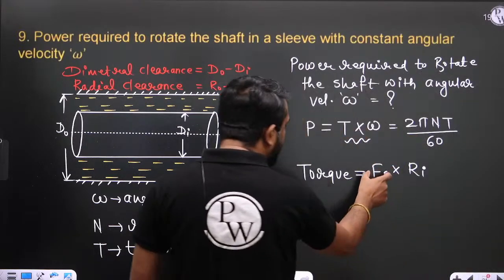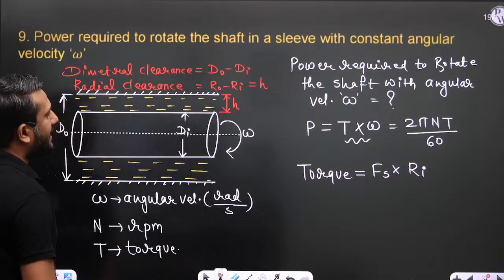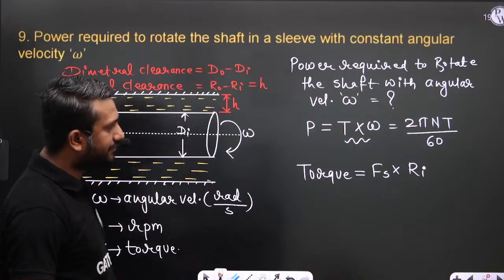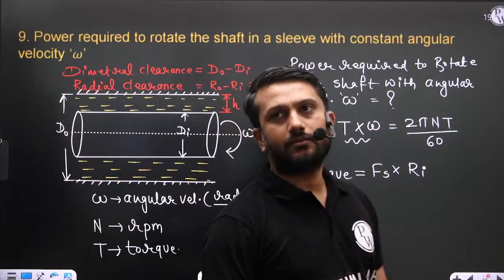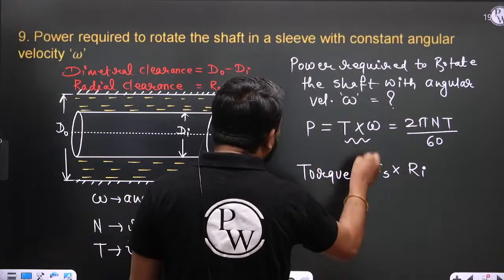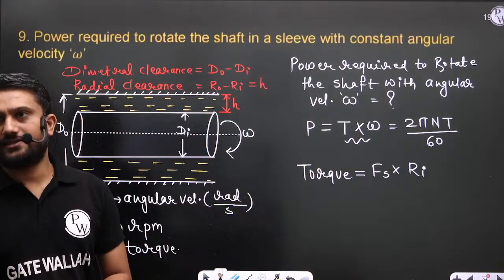So viscous force or shear force multiplied by the radial distance Ri is the torque required to rotate this shaft. Is it fine? And you know very well how to calculate this Fs.